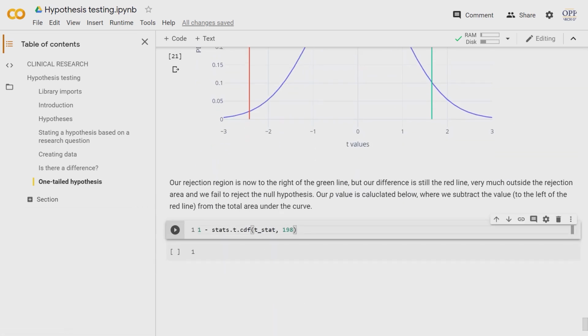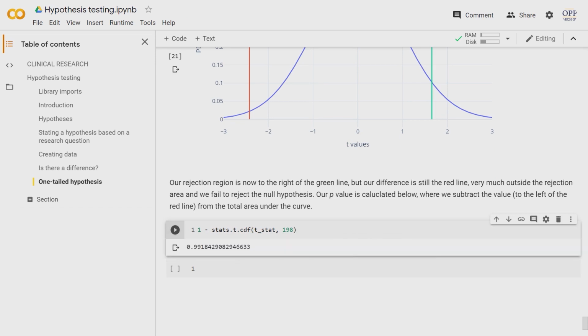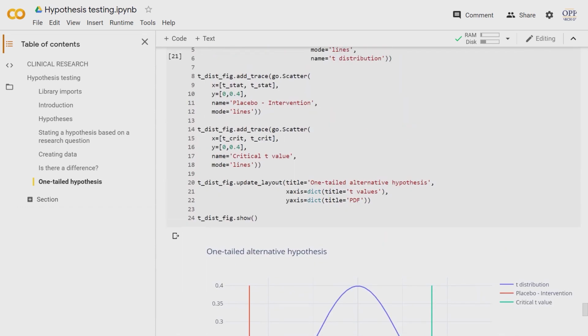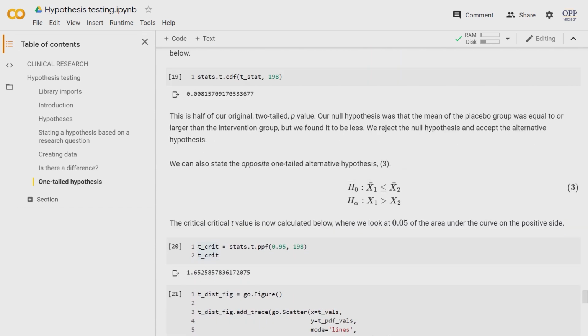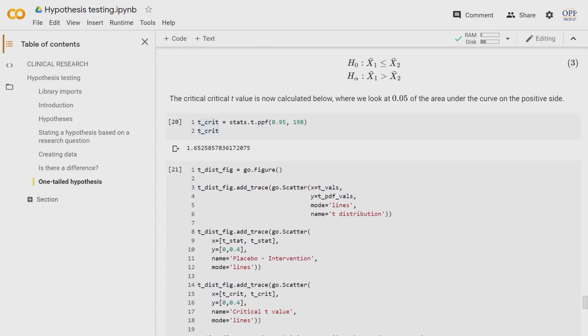So we have 1 minus the CDF of the t-stat for 198 degrees of freedom, and we get a p-value of 0.99. We can't reject that null hypothesis. Our null hypothesis was that x sub 1 is less than or equal to x sub 2. And we actually found that. In actual fact, we found a very large difference. So our p-value is going to be very big.